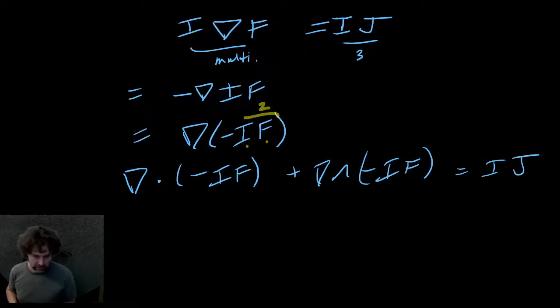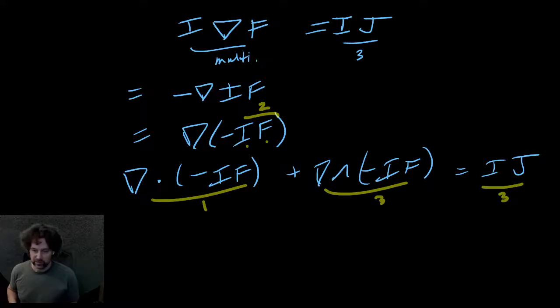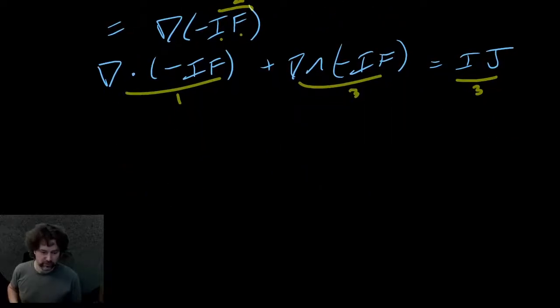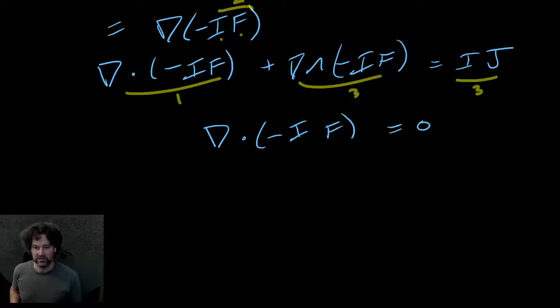Now this is grade 1, this is grade 3, and this is grade 3. So we're going to equate our grade 3 components and equate the grade 1 component with 0. So we've found a way to rewrite Maxwell's equation as a vector, 0, and as a trivector.